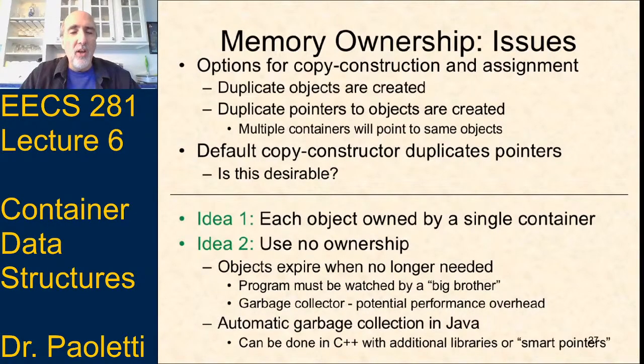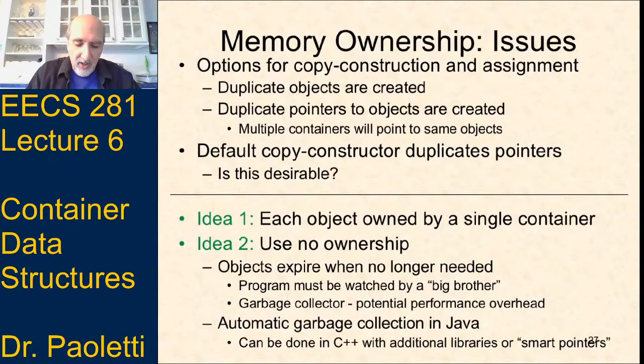So we're talking now about constructors that do a new. If my constructor does a new, then with my copy constructor and assignment, I could either create duplicate objects or I could create duplicate pointers to the same objects. I could have multiple containers pointing to the same thing.